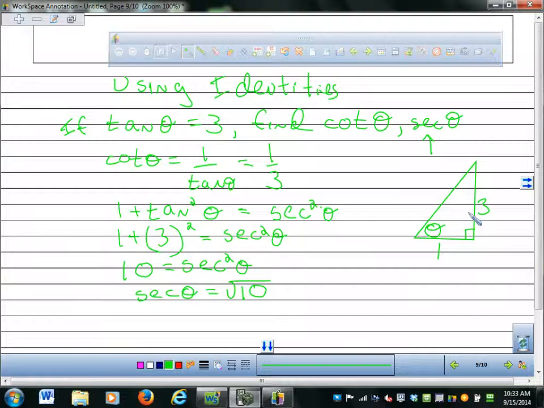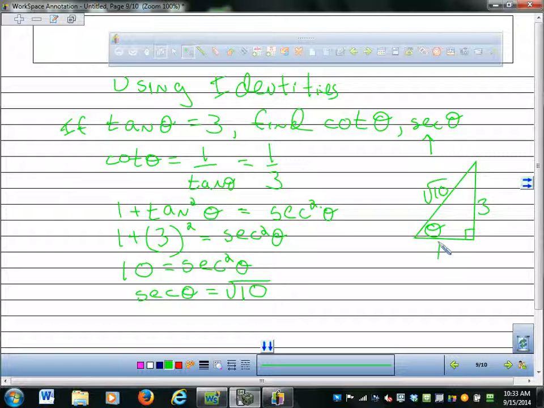If I did the Pythagorean theorem, there's another way you could think about this. This side comes out to be root of 10, and secant is the reciprocal of cosine, right? So cosine would be 1 over root of 10, so secant would be just root of 10 over 1. See? Okay, so that's the way that works. Kind of nice the way it all fits together, ain't it?